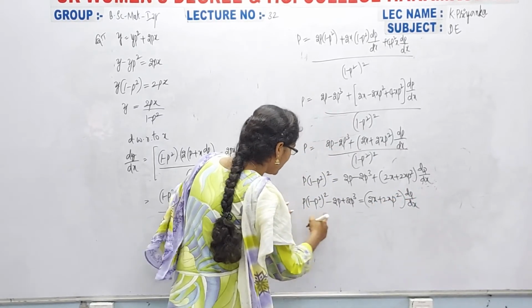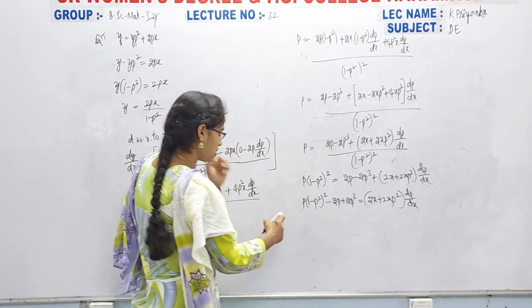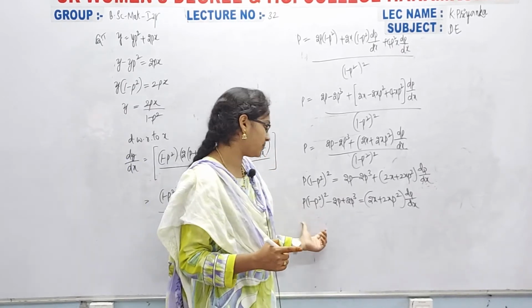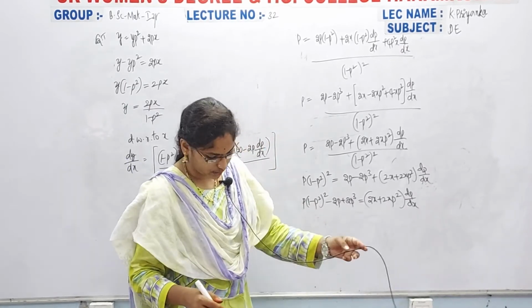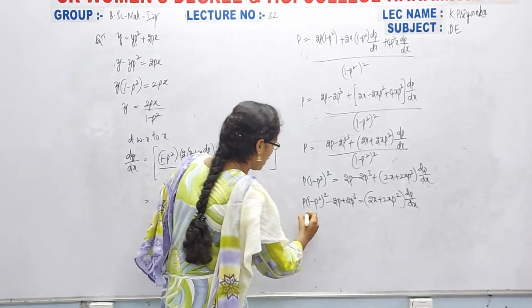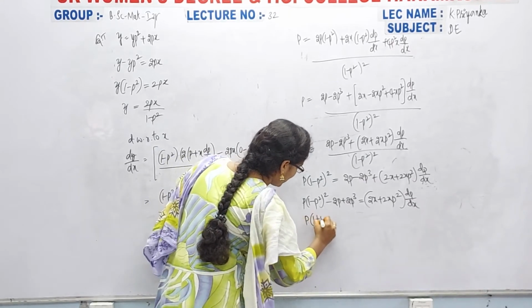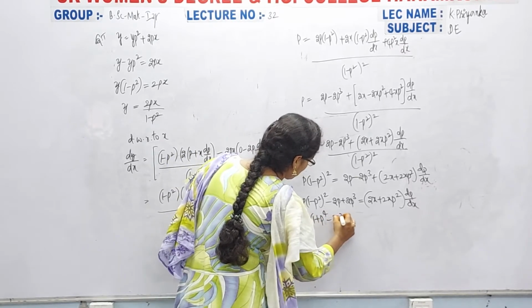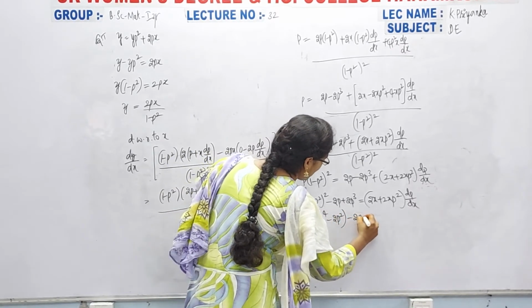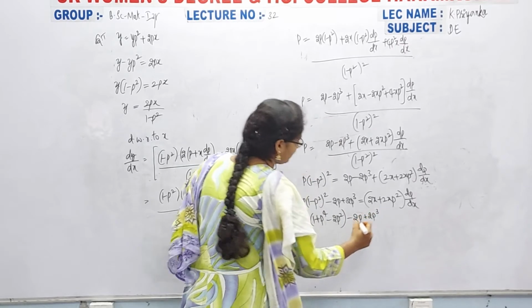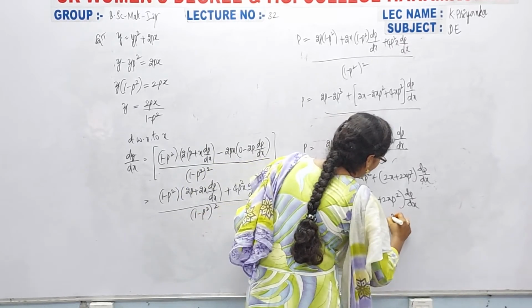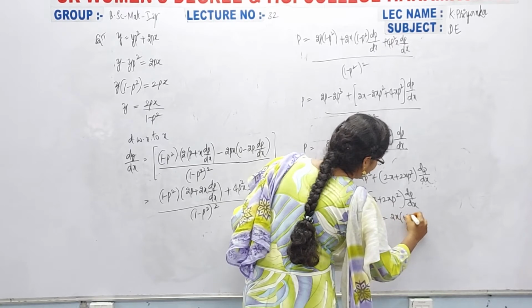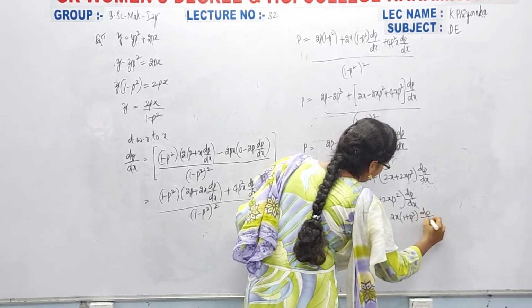Now here what we have, 2p minus 2p, and if you want you can split, and of course here I am going to split it. Okay, so now here p of 1 plus p power 4 minus 2p square, minus 2p plus 2p cube equal to 2x of 1 plus p square into dp by dx.